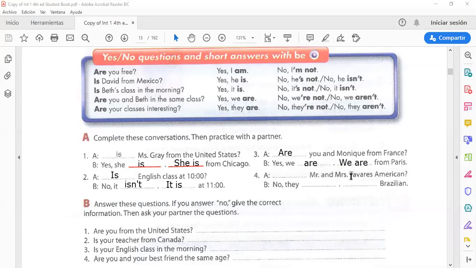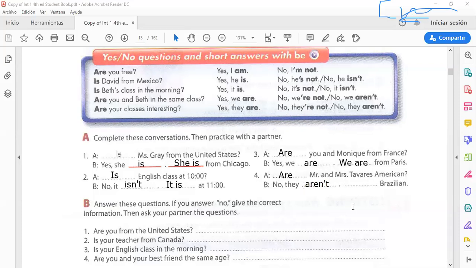So next, Mr. and Mrs. Tavares American. So since we got two people here, Mr. and Mrs. Tavares is the husband and wife, we gotta conclude that it's plural. So in this case would be are, okay? So no, they aren't. No, they aren't, okay?